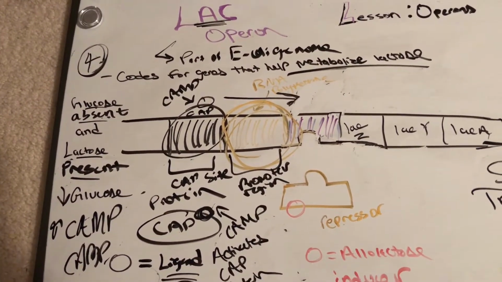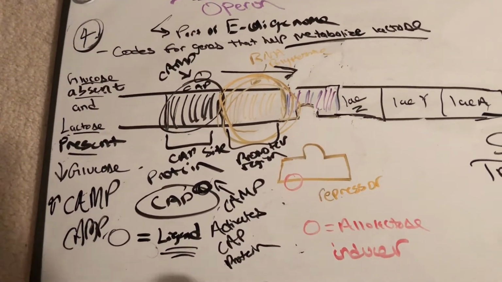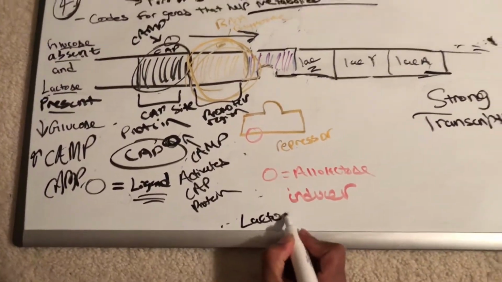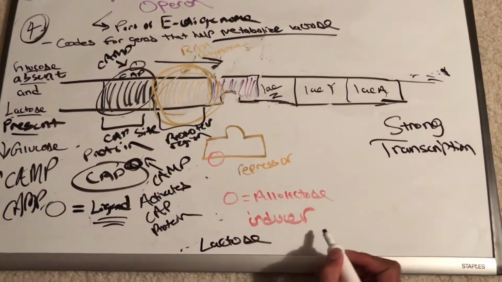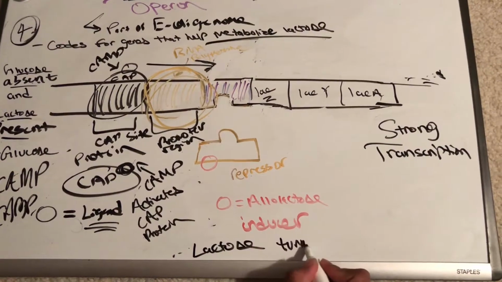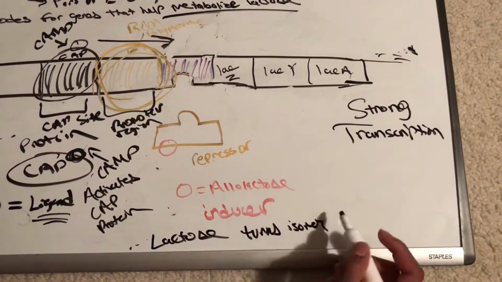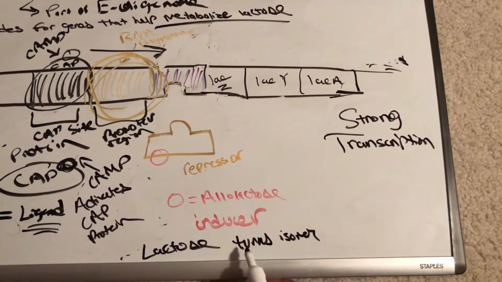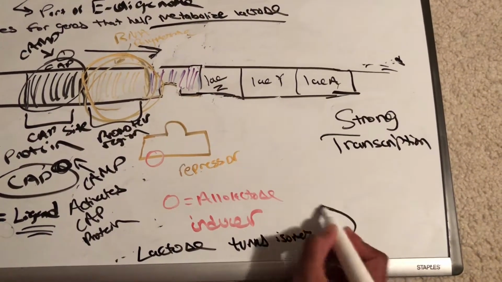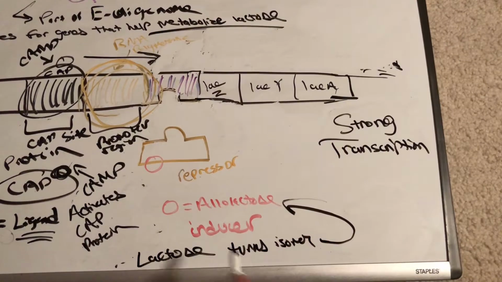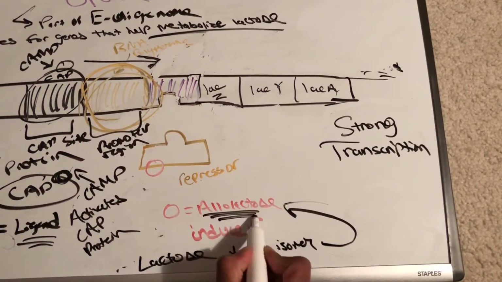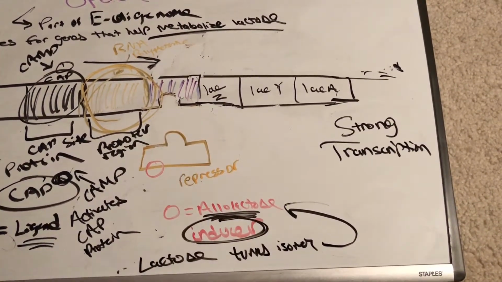And then the lactose being present: since you have lactose, that lactose turns into the isomer, which is structurally different, but chemically the same. It's called allolactose. And this specific allolactose acts as an inducer in this situation.